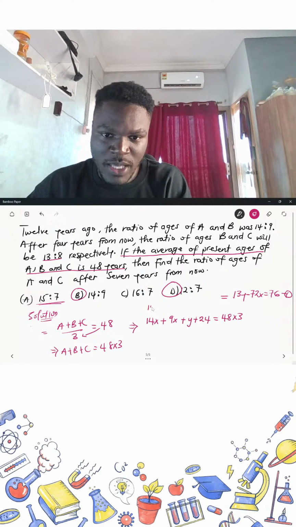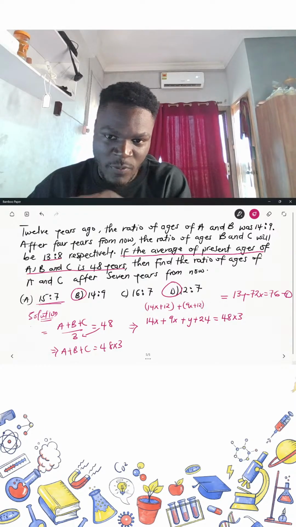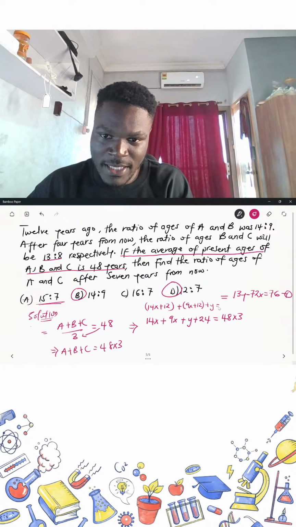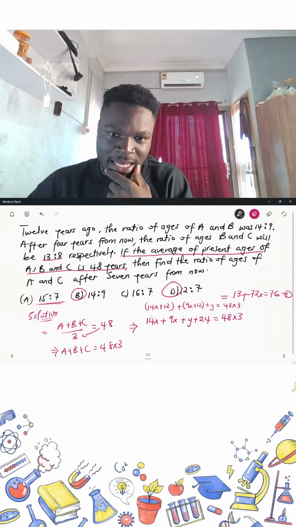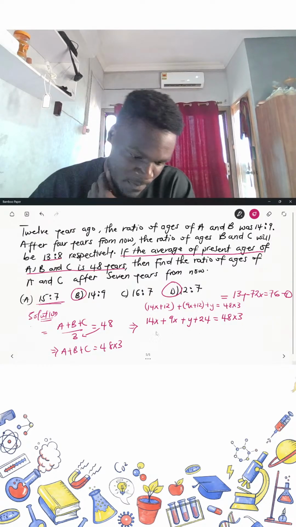So ideally, I'm supposed to get 14x plus 12. This will be for the A. Then plus 9x plus 12. This will be for the B. Then plus y is equal to 48 multiplied by 3. Are you okay? And if we break this down, we are going to get 14x plus 9x plus y plus 24 is equal to this.